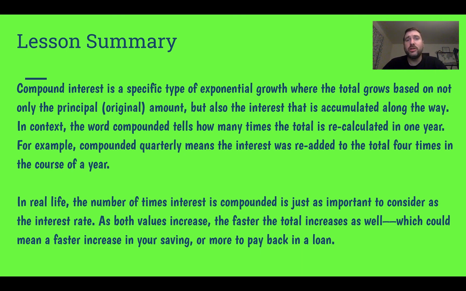This formula can be real useful in real life, as the number of times that interest is compounded is just as important to consider when you're finding a loan or a bank account as the interest rate.